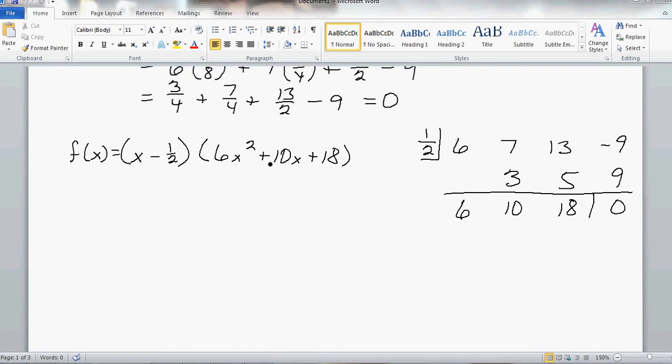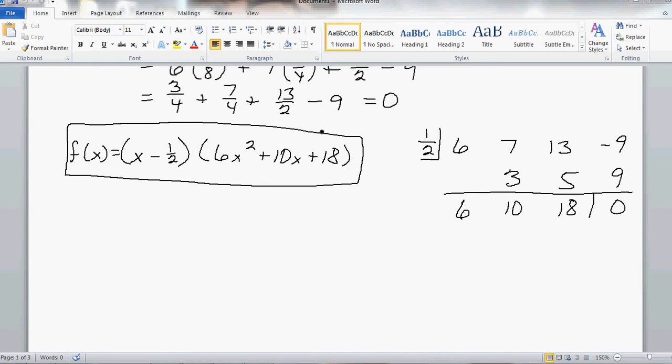And so that would be the final answer, the second part, because the first part was, yes, it is a factor, and now we had to write it in factored form. So it's x minus 1/2 times 6x squared plus 10x plus 18.